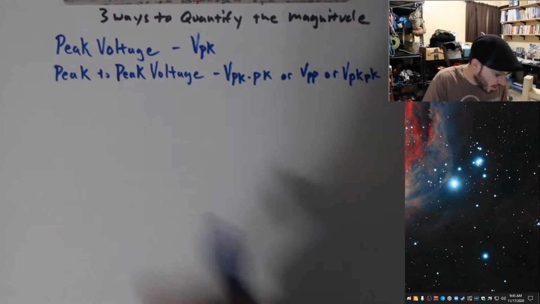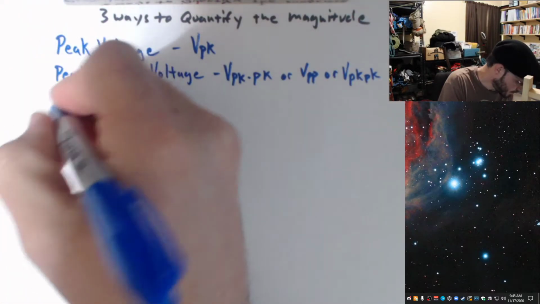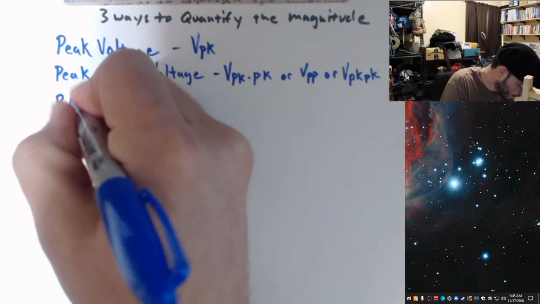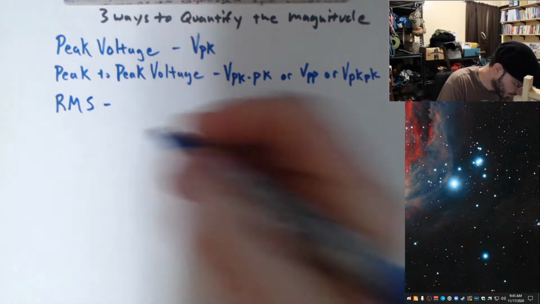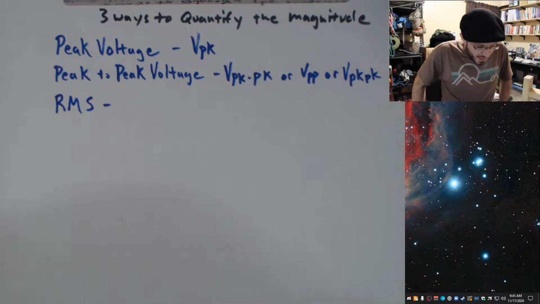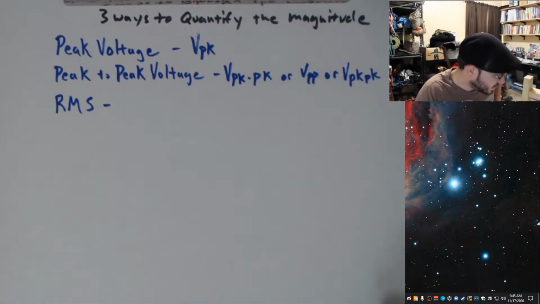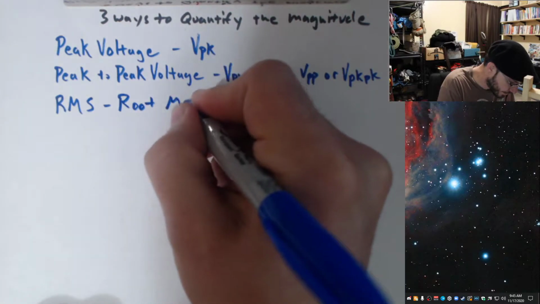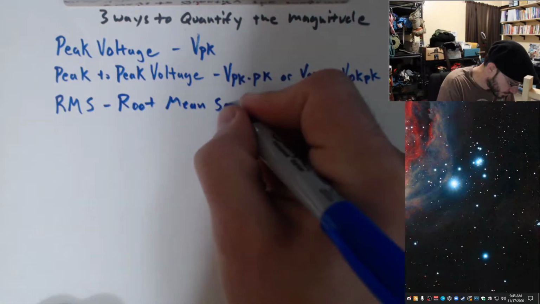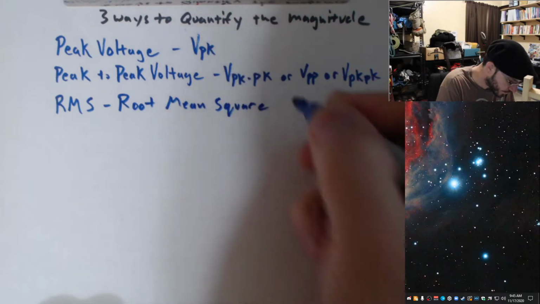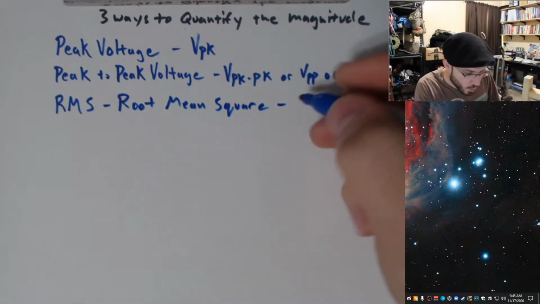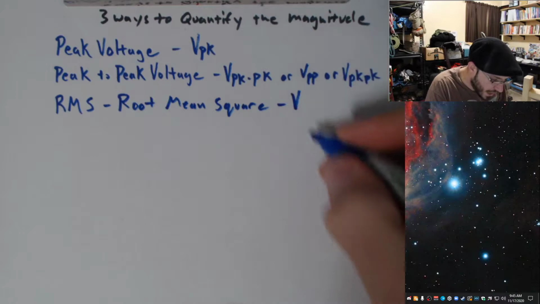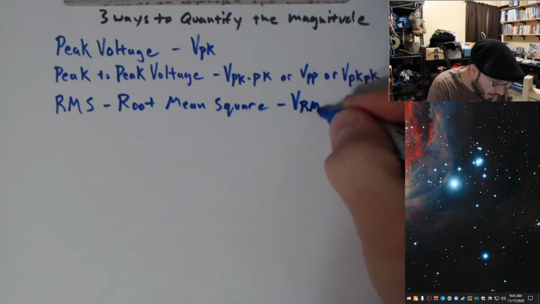Okay, the third way, which actually ends up being very useful in certain circumstances, is the root mean square. Typically people would write VRMS.